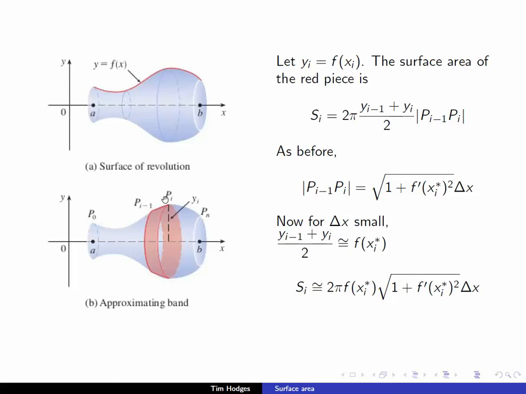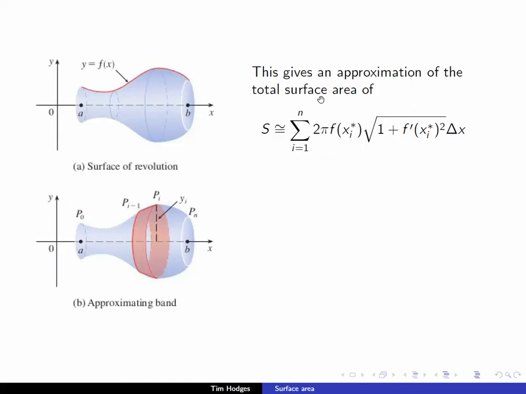That means that the surface area of this red band is 2 pi f of x i star times root 1 plus f prime x i star squared times delta x. So our approximation of the total surface area will be the sum of all these red bands sitting over the partition of a to b.